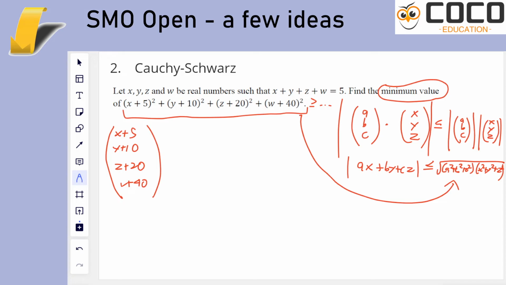And the other vector, well, there's nothing else here, so I'm just going to pad it with 1, 1, 1, 1. So you're going to get square root of the expression you want. I'm going to call this A. So it's going to be less than or equal to what you want. And the magnitude of the vector 1, 1, 1, 1 is just 2.